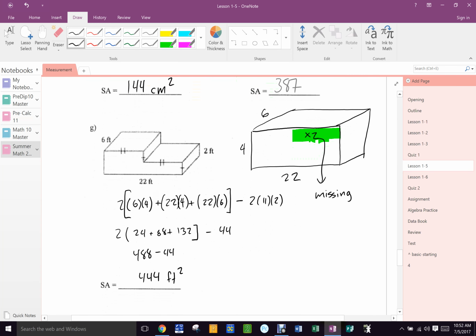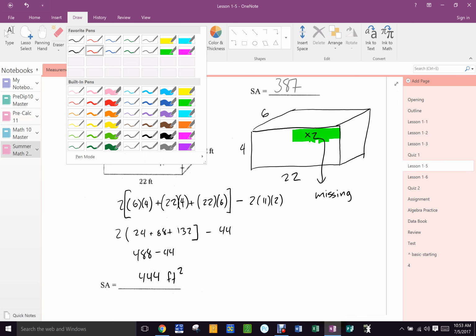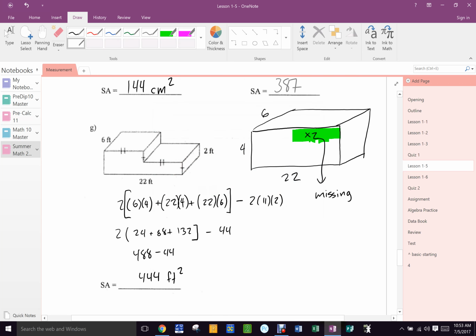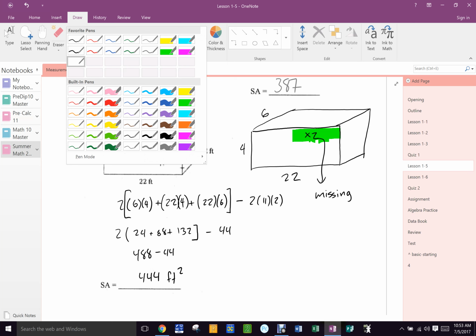Now this one I like to spend a bit of time with. Because again, most of you guys probably split this right here and did the surface area of that one, and minus overlaps, correct? But I like to look at it this way. Isn't this shape right here? What if I did this?